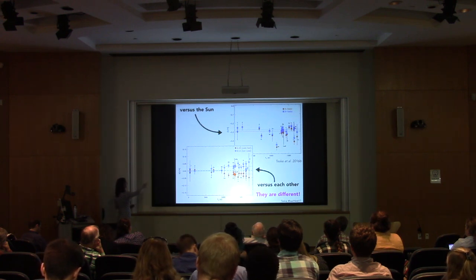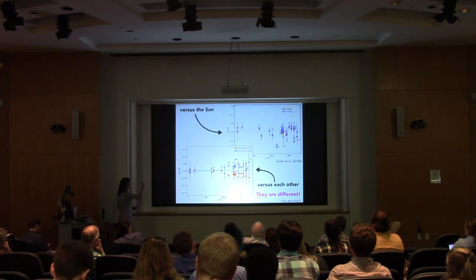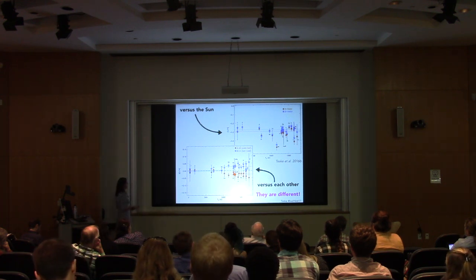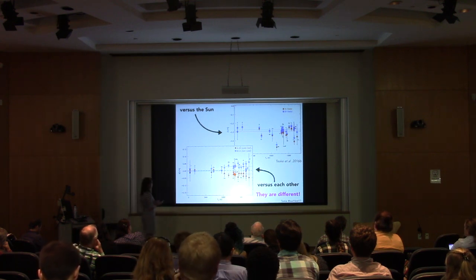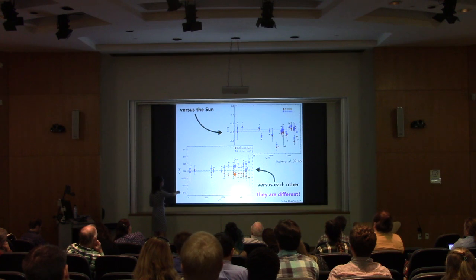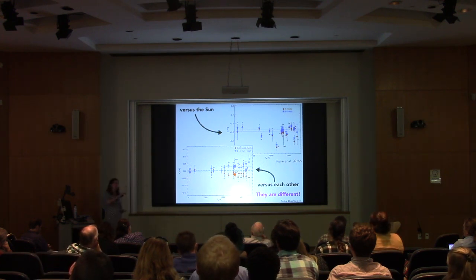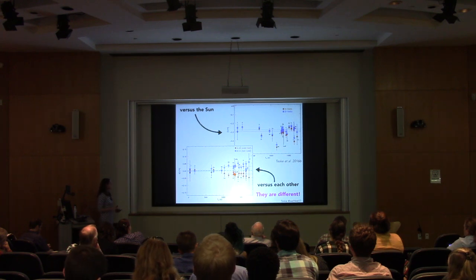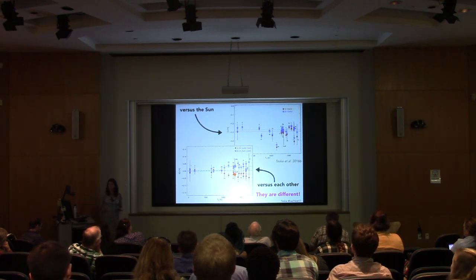And then in the bottom plot, I'm showing now just the differential abundances between A versus B in orange and then B versus A as the blue stars. And now you can see that for the more volatile or lower condensation temperature elements, there's not as much of a difference, but that difference increases as you go to the more refractory elements, for something like a mean difference of like minus or plus 0.03, which is not very big.